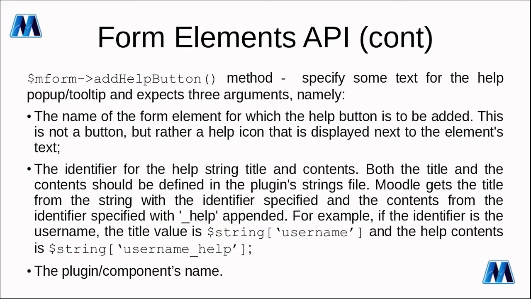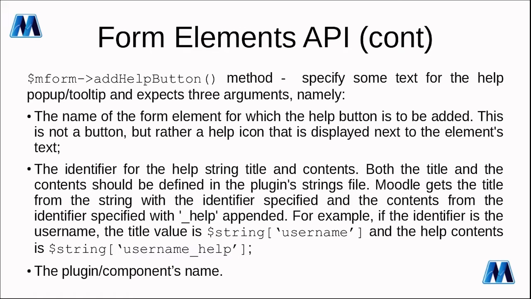So add help button. Now we've come across this, we've seen the help button in action in previous examples, and we've even specified the help for a couple of our forms before. Okay, so this method requires the name of the form element, so you can tie the 2 together, and really it's not a button, it's more like a help icon that's displayed next to the element's text. Okay, the identifier, help string title and contents.